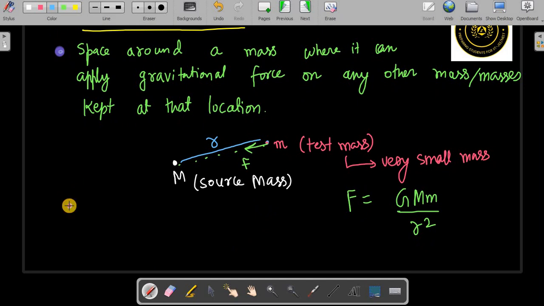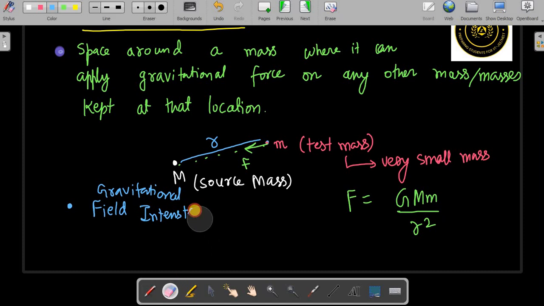Mathematically we define that as the gravitational field intensity, or strength, or field strength.